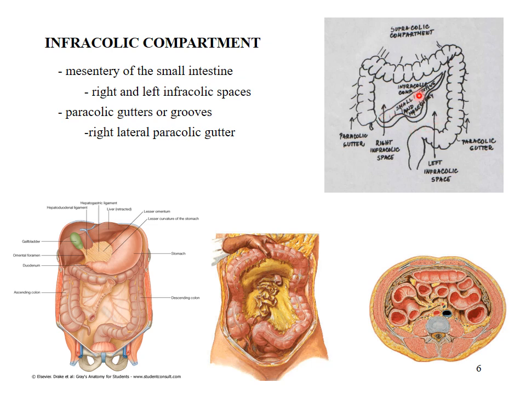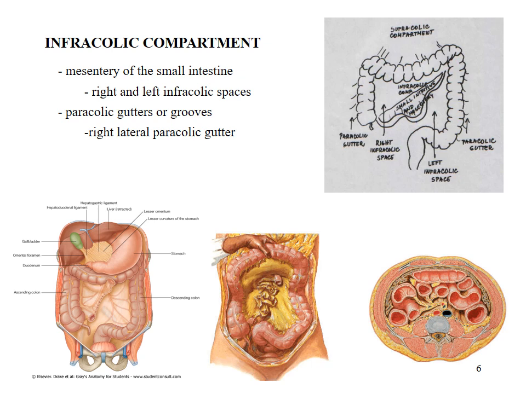The mesentery of the small intestine is attached from the duodenojejunal flexure to the right sacroiliac joint, and divides this infracolic compartment into the right infracolic space, which is right and superior, and the left infracolic space, which is left and inferior.